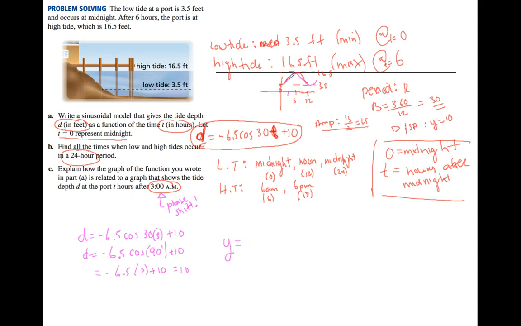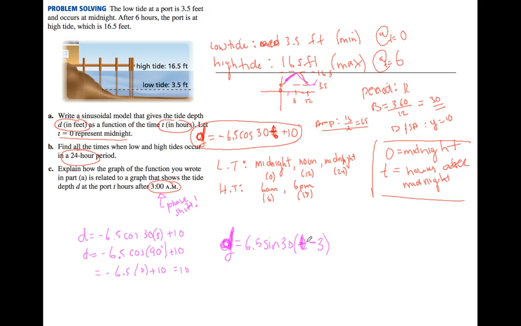So I'm now going to start it here, and it's going up first, so it's going to be positive 6.5. Sine of still 30. Now it's going to be theta. Nope, t. I'm messing it up again. I'm so used to using x and y. t minus 3, right?